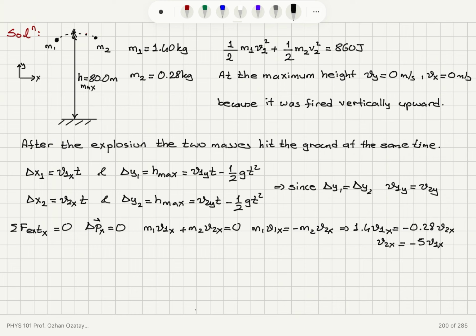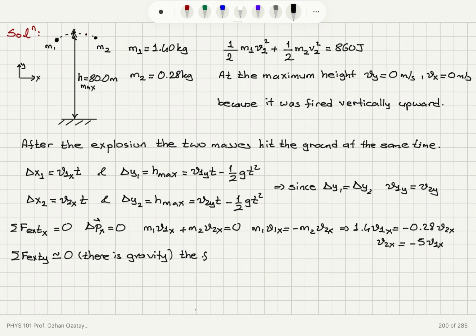Now, on the other hand, if I look at the net external force acting on the system on the y-axis, this is approximately 0. Why? Because we have gravity, there is gravitational force. And why is this approximately 0? Well, if you compare this force to the internal forces in the system, it's negligibly small.